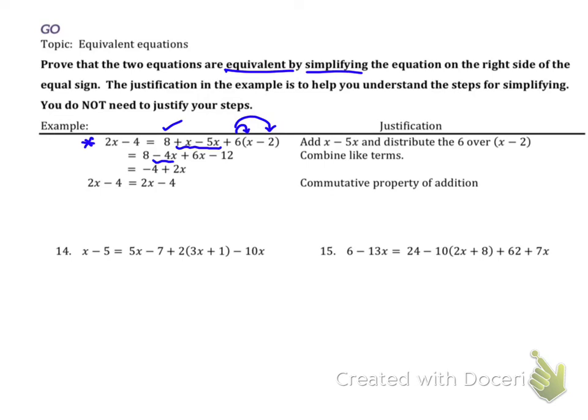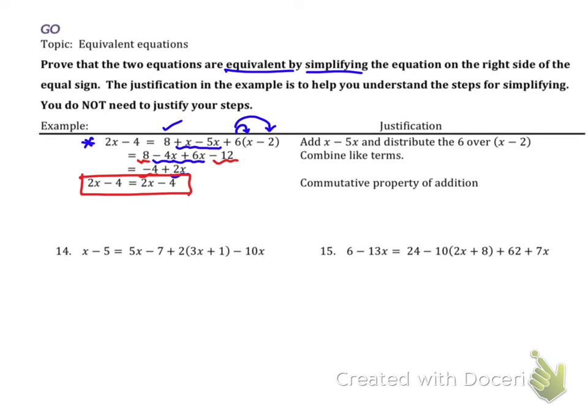And then again you combine negative 4x plus 6x, that is 2x, and then you combine 8 and negative 12, that you get negative 4. So you have basically negative 4 plus 2x, and you rearrange the terms. You bring 2x in the front and you get 2x minus 4. So you see left hand side and right hand side, they're the same.